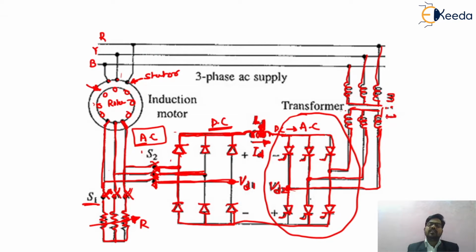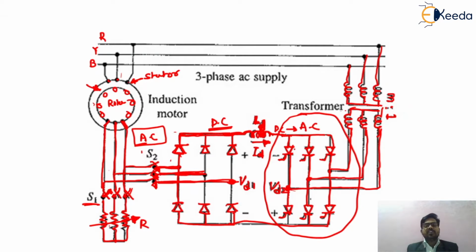So friends, in this particular Scherbius drive, previously in rotor resistance speed control, energy is wasted in the rotor resistance. But in a static Scherbius drive, we are feeding back that wasted energy, which we call the slip power. We convert that slip power by means of the rectifier circuit, so that the AC supply is converted into DC.